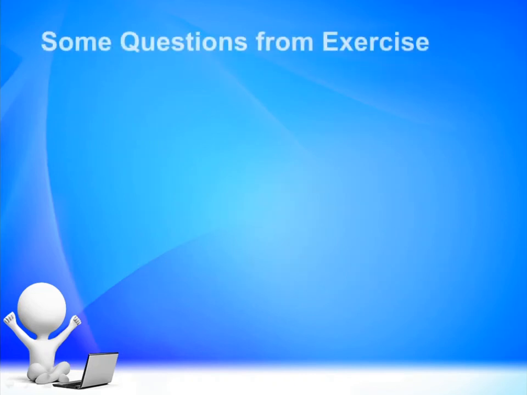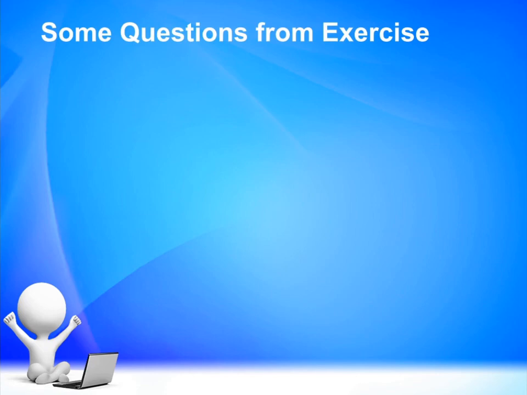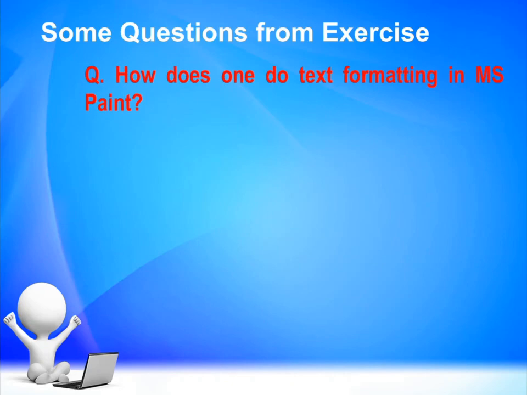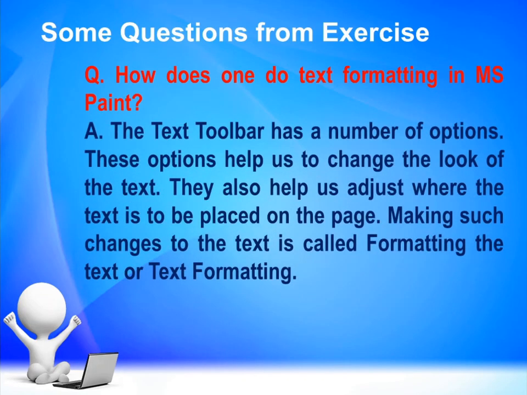Now, some questions from exercise. How does one do text formatting in MS Paint? The answer is the text toolbar has a number of options. These options help us to change the look of the text.